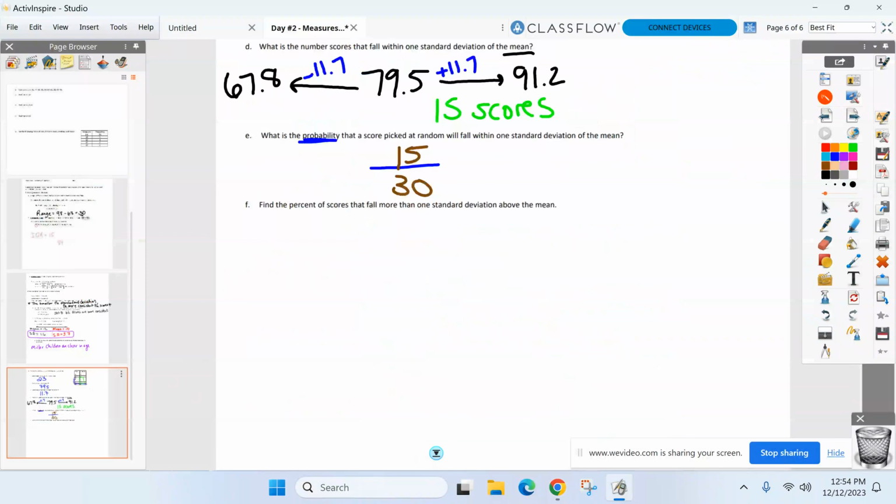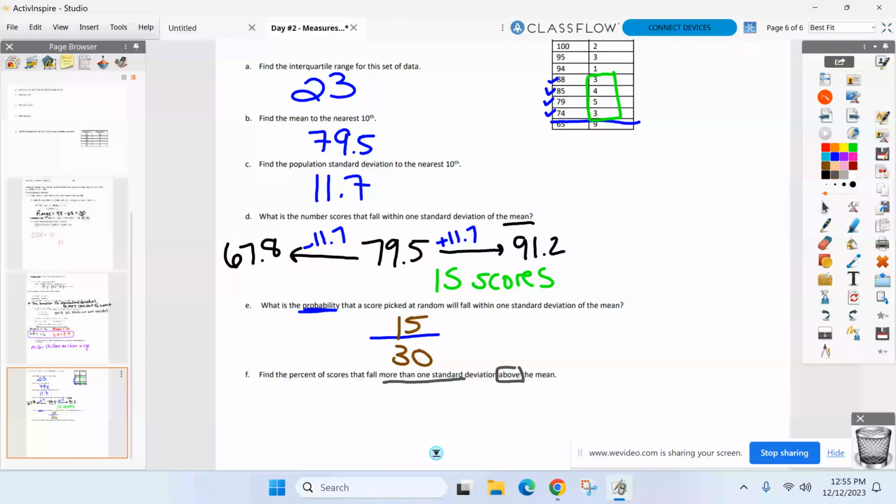What percent of scores fall more than 1 standard deviation above the mean? What percent of scores fall more than 1? So I'm not talking within anymore. More than 1 above the mean. So you tell me, what scores am I looking for?